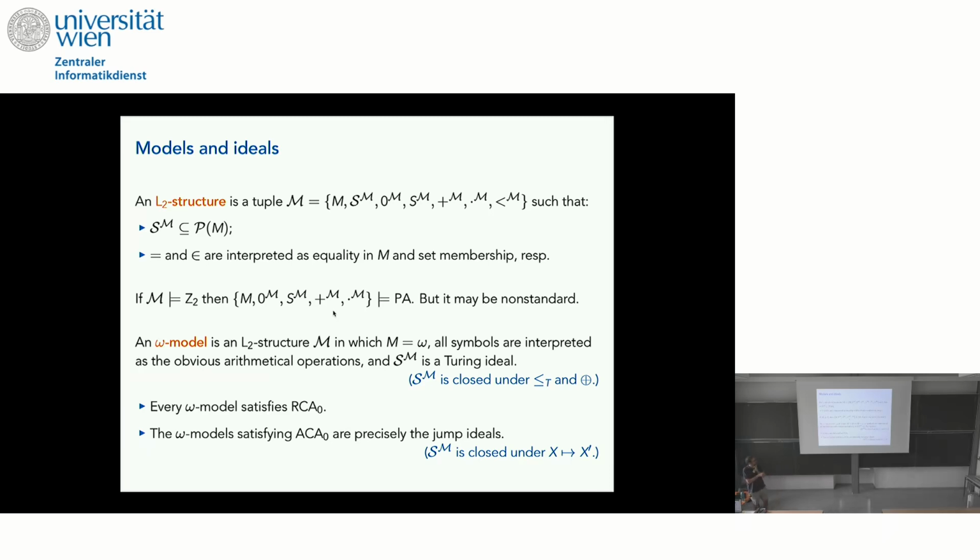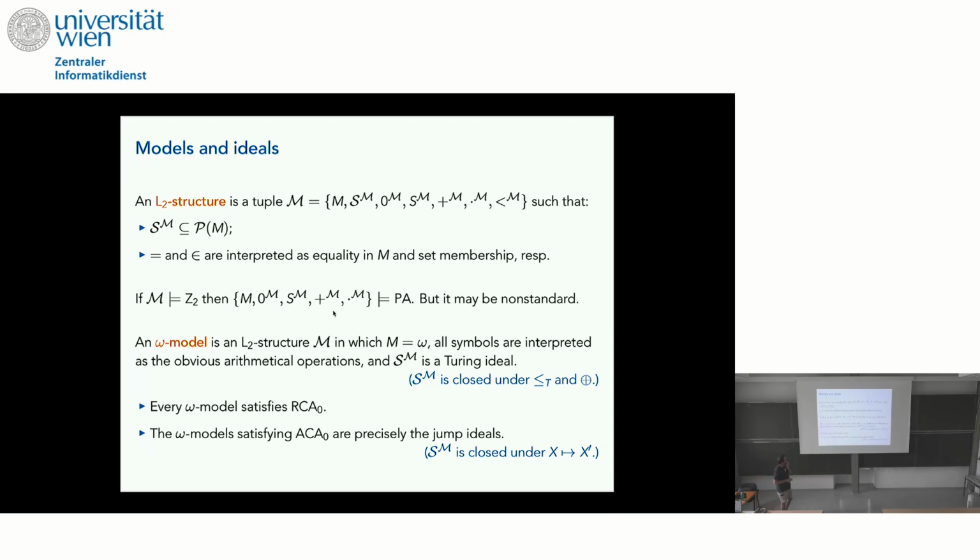I'm going to say that an omega model also has to satisfy a condition on this set of subsets, which is that the collection of subsets is a Turing ideal. So it's closed under Turing reducibility and join. If I have a set in there, anything it computes I also have in there. If I have two sets in there, I have their join, their effective disjoint union.